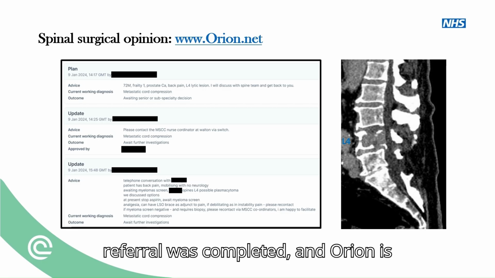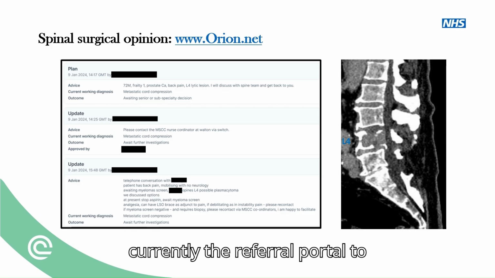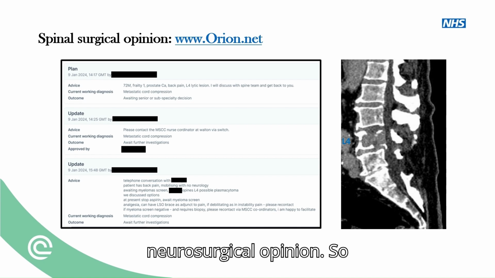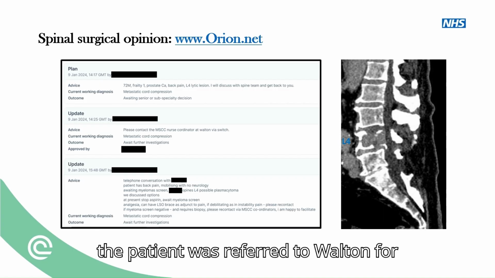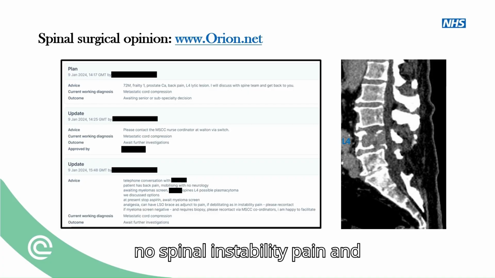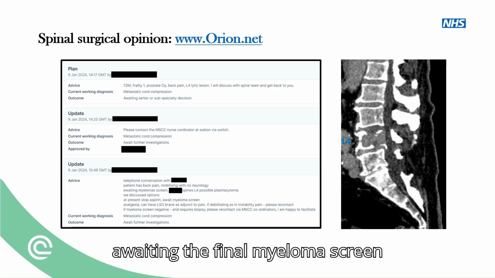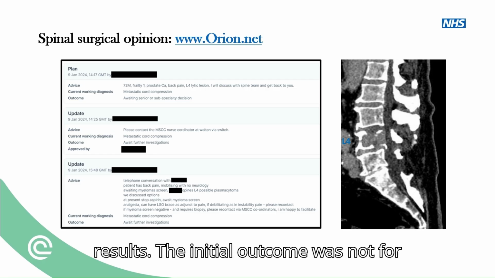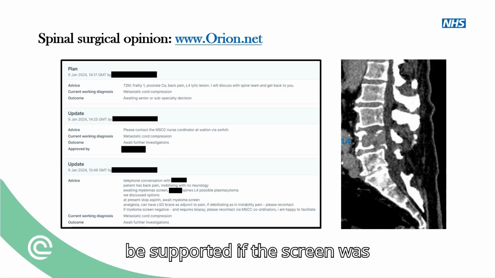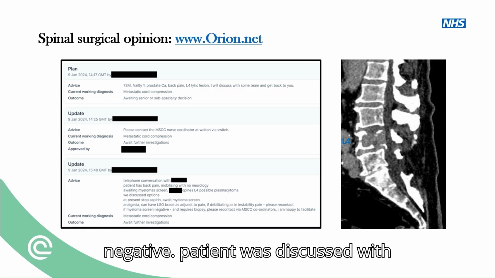So an Orion referral was completed, and Orion is currently the referral portal to allow discussion with Walton for neurosurgical opinion. So the patient was referred to Walton for consideration of surgery because they had no spinal instability pain and stable neurology and were awaiting the final myeloma screen results. The initial outcome was not for surgical intervention, but a biopsy could be supported if the myeloma screen was negative.